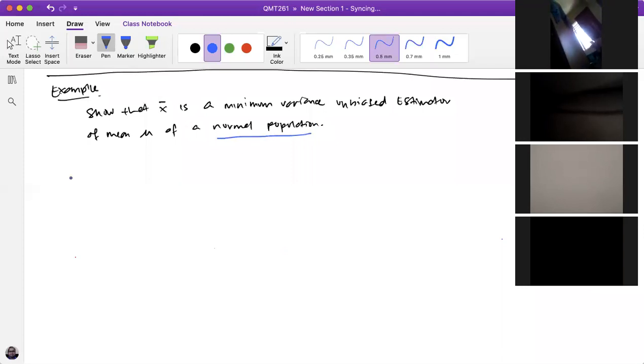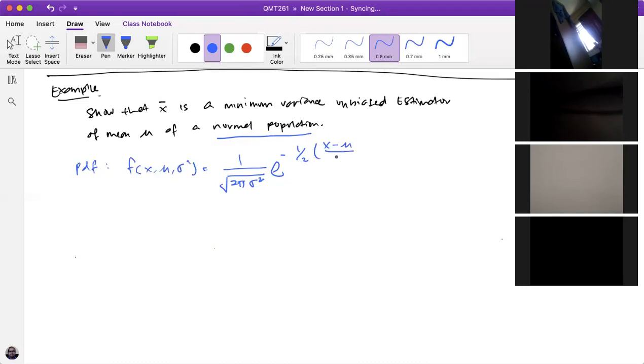The PDF for a normal population is f(x; mu, sigma squared) equals 1 divided by the square root of 2 pi sigma squared, times exponential of negative 1 over 2 times (x minus mu divided by sigma) squared, for x from negative infinity to infinity.